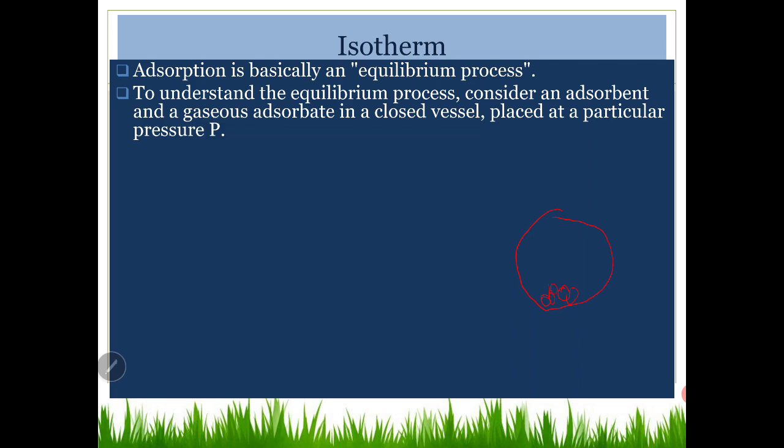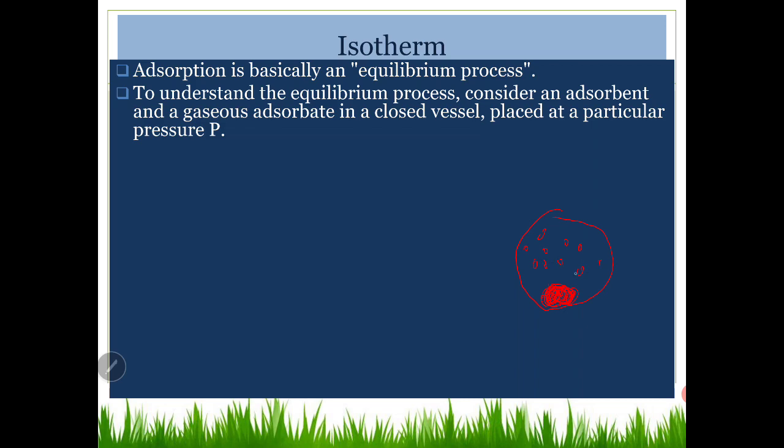The adsorbent is the substance on which the adsorption happens, and there is a gaseous adsorbate. I will be showing small bubbles as the gaseous adsorbate. So there are small gaseous molecules.